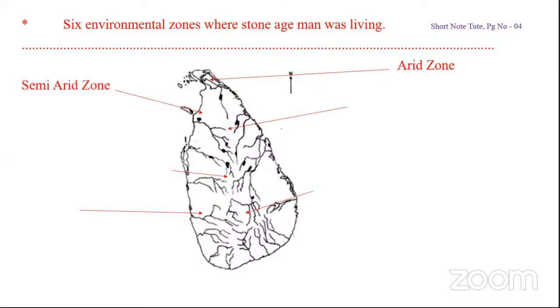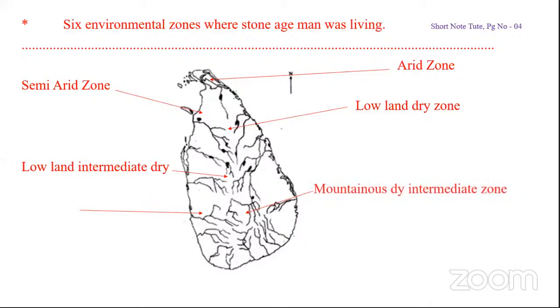We know that in Sri Lanka we have two semi-arid zones, one in Mannar and the other in Hambantota. Then the lowland dry zone, then the lowland intermediate dry zone, and then the mountainous dry intermediate zone and the wet zone. So these are the 6 environmental zones.